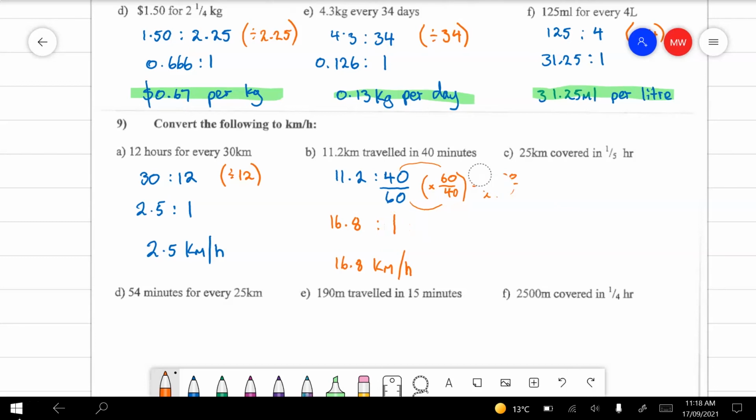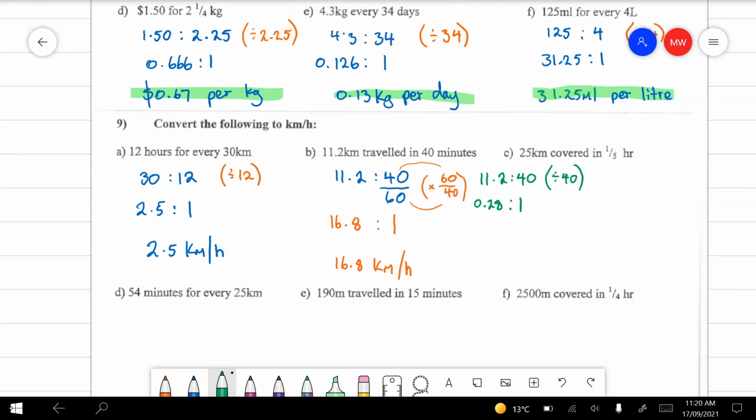I could understand that. The other way we can do it, if we do it in green, is if I've got 11.2 kilometres and I'm doing that every 40 minutes, what I could do is divide both sides by 40, and that would tell me how far I'm travelling every minute, which is 0.28.